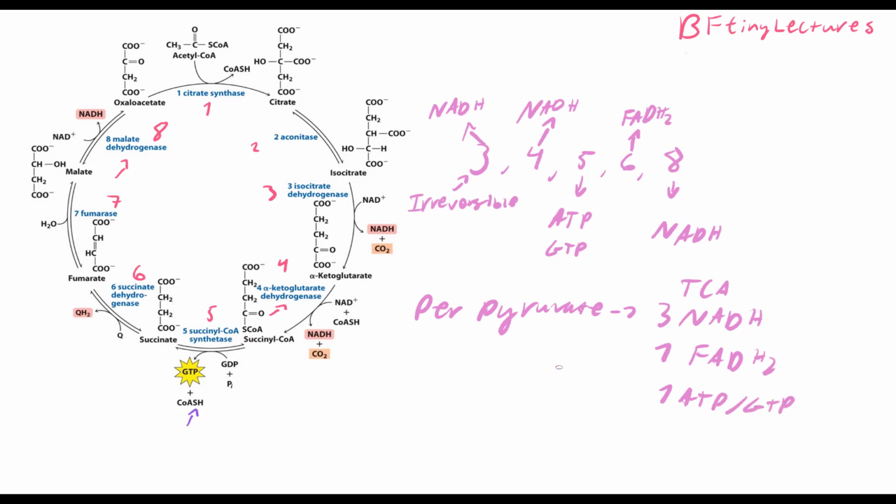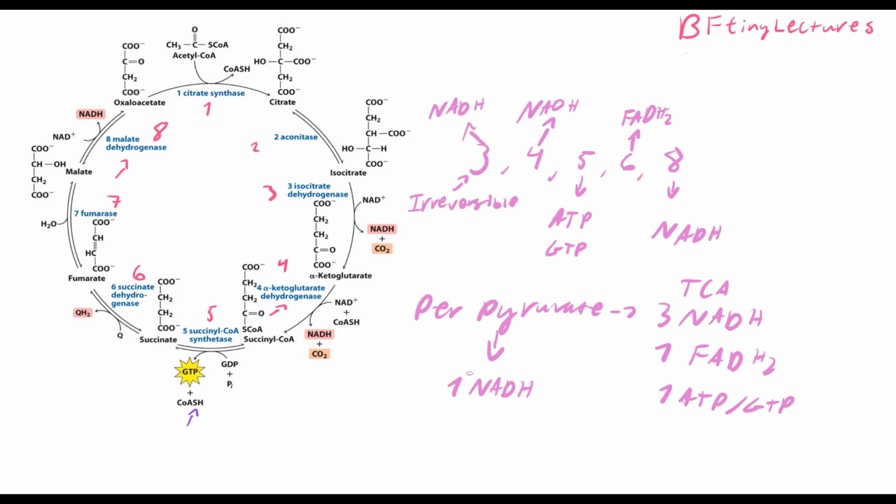Now, if you were very observant in the beginning of the video, you would notice that an NAD was reduced into NADH whenever pyruvate was converting itself into acetyl-coenzyme A, right? So in the beginning, I said, hey, we're going to be using pyruvate dehydrogenase. Well, that created an NADH. So technically, it produces 1 NADH in the pyruvate dehydrogenase.